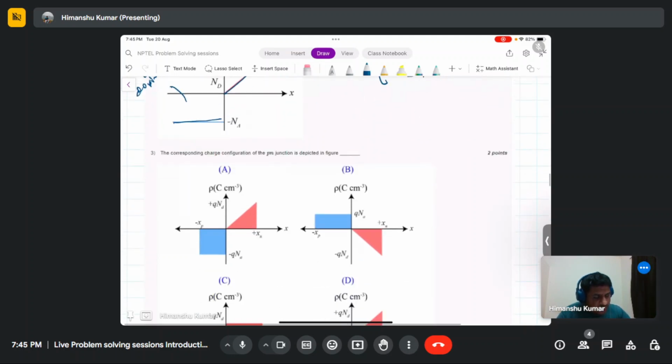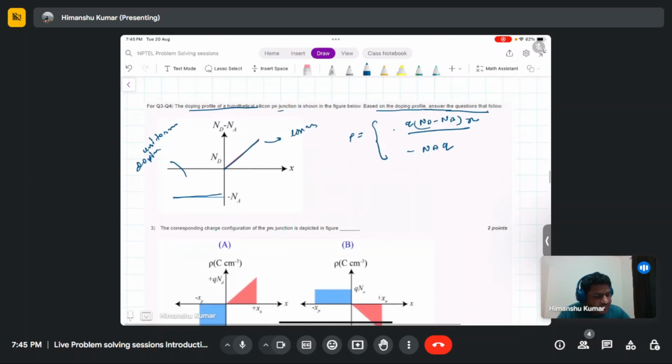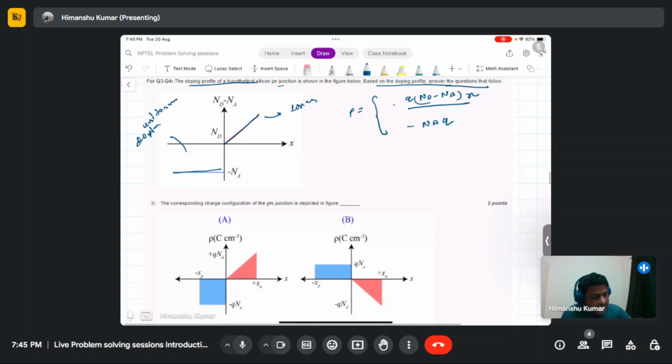And when you integrate this kind of charge profile, similarly you can apply dE/dx equals rho by epsilon.